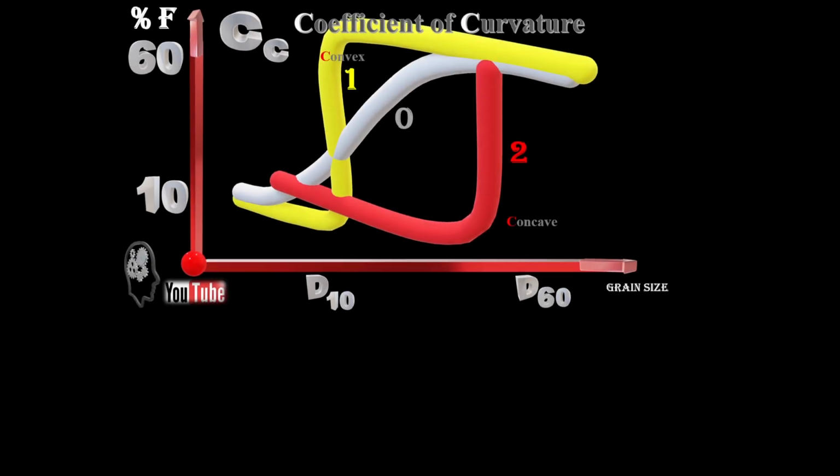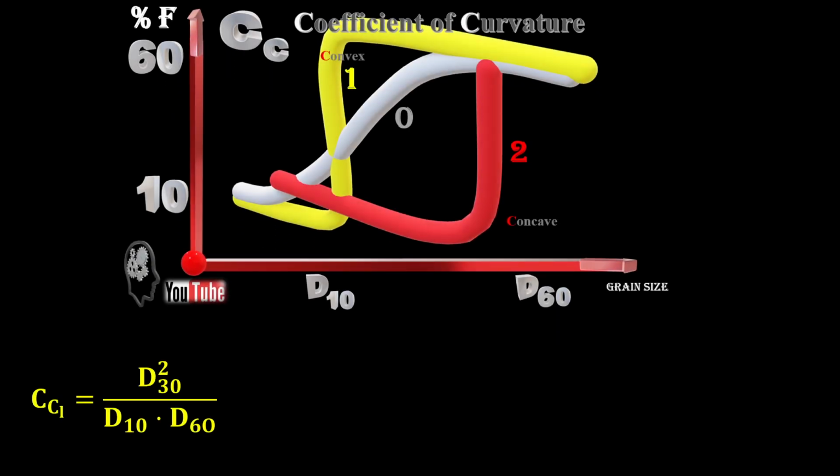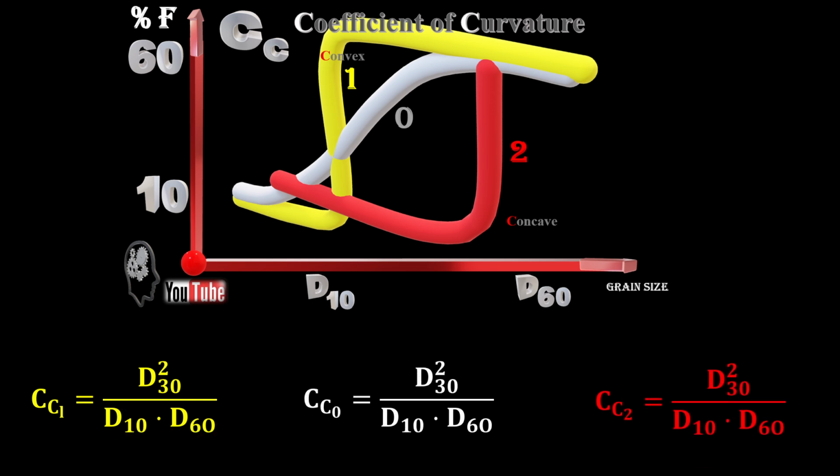So for the first sample, CC1 is equal to D30 squared over D10 times D60, and for our original sample, CC sub 0, it's again the same formula.